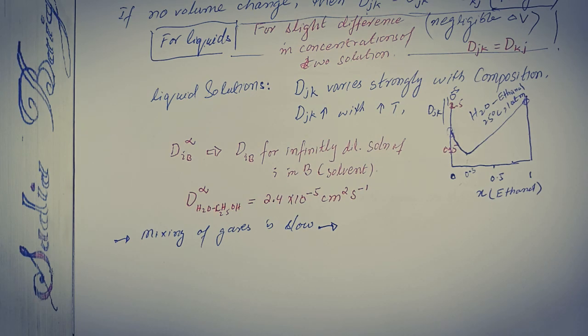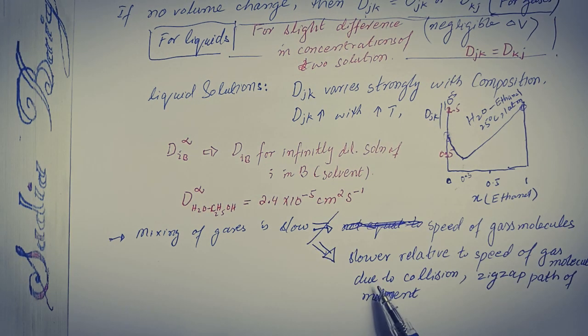Rather, it is slower relative to the speed of gas molecules. That is due to the collisions between the different molecules of the gas that cause a change in the direction of motion, and thus a zigzag path is observed instead of a linear path. Due to this random movement of the gas molecules, the rate of mixing of the gases is slow as compared to their original speed of movement.